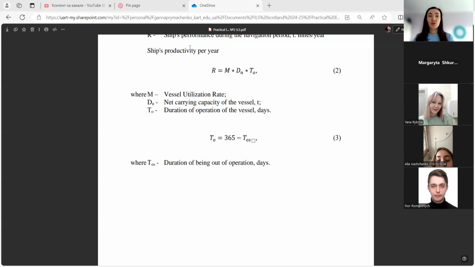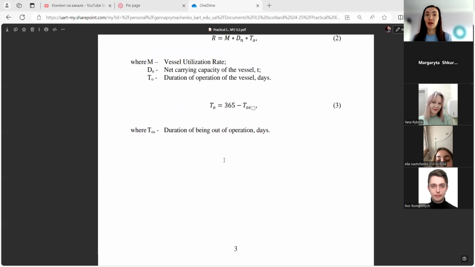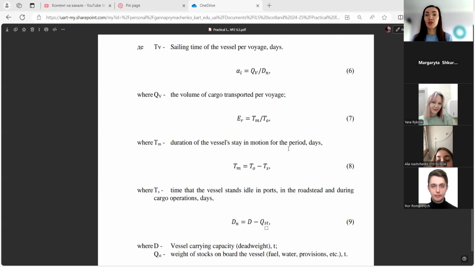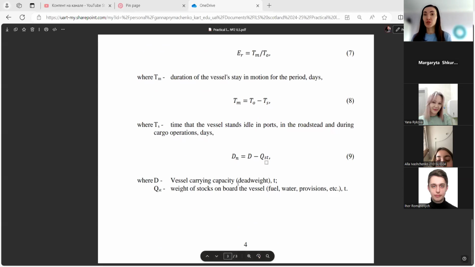R is equal to such parameter as M, we decided it a few minutes ago, it is vessel's utilization rate, multiply by such parameter as D with index N, we decided it. Excuse me, formula number 9. We decided it here. It is our first formula today.